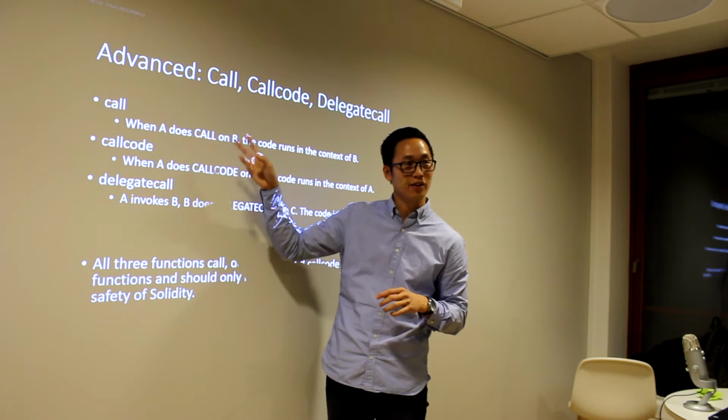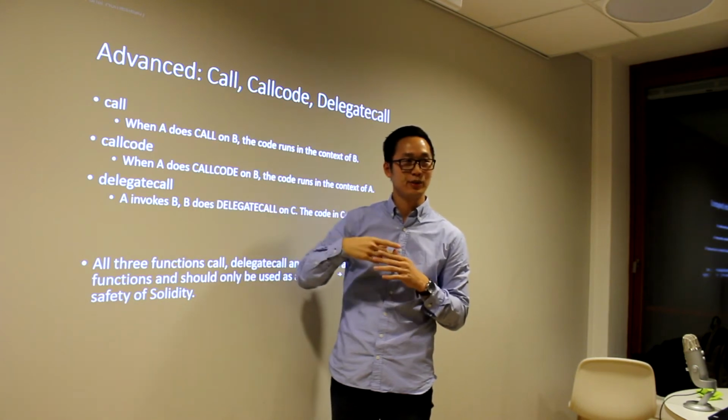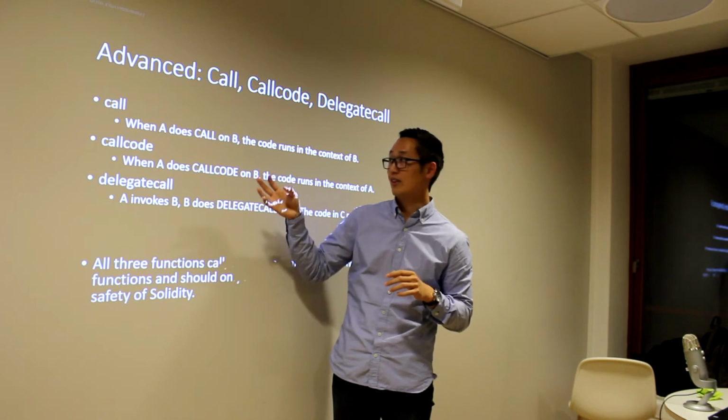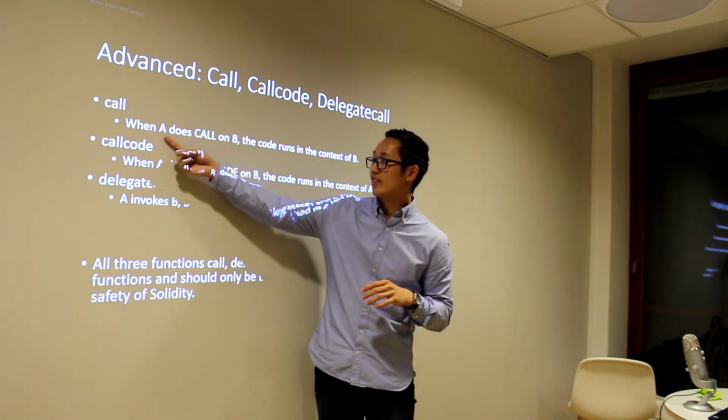With these low-level calls, you can call functions, and you can send ether with these three calls. Here's an example.